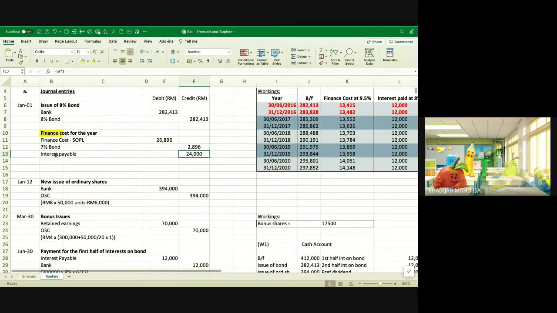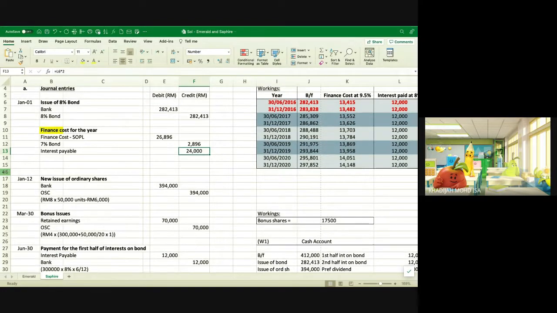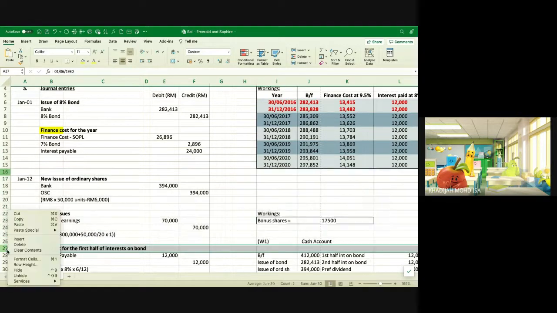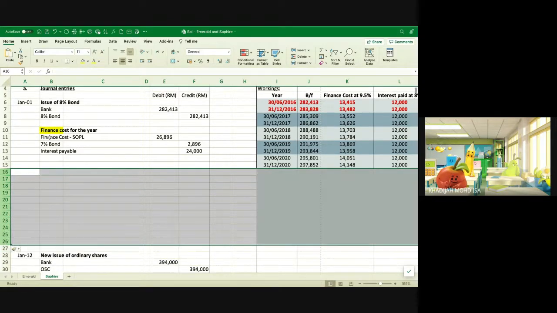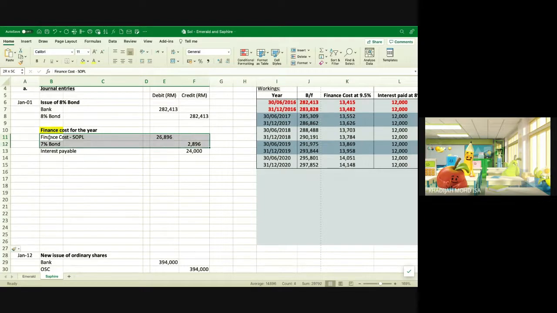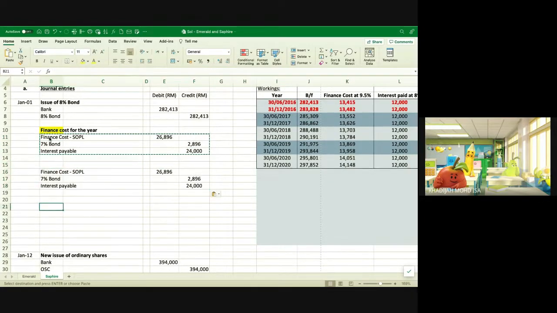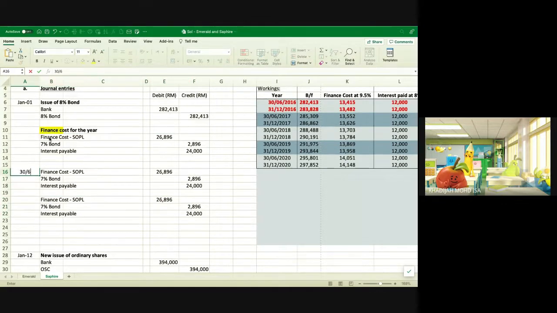So if you were to have, let me just copy, insert, hold on. If I were to have this, Command C, Command V. So I would record that as 30th of June, and there is 31st of December.